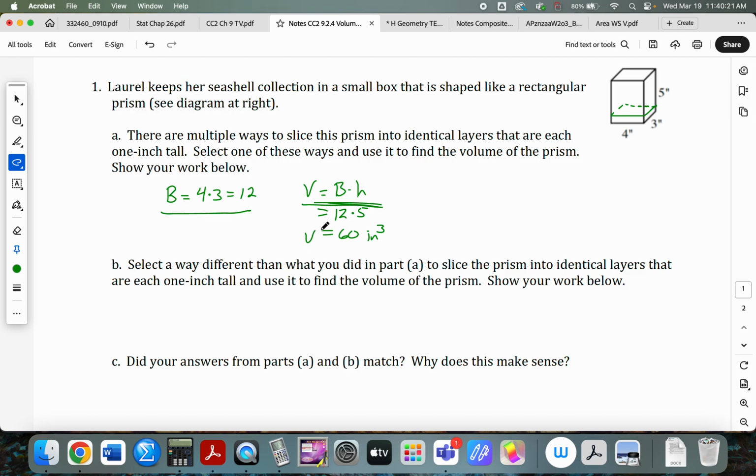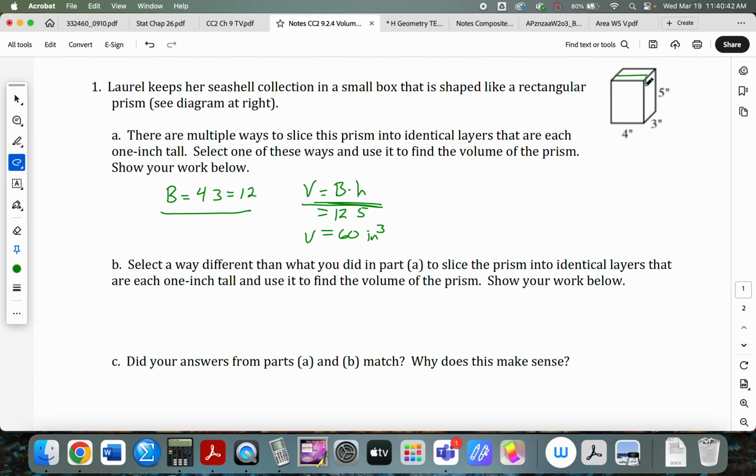Okay? All right. So what if we did this a different way than we did in part A? We should get the same answer. So let's say instead of slicing it that way, what if we sliced it this way?